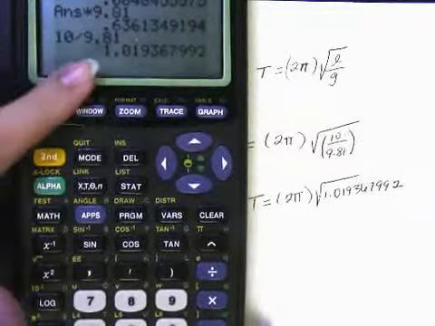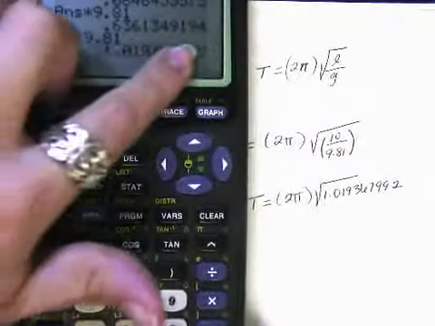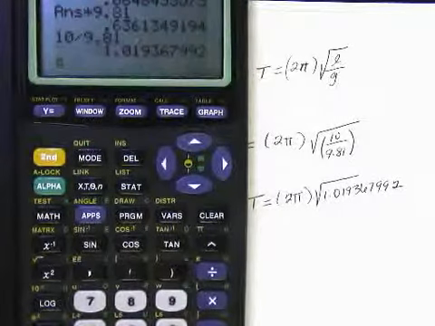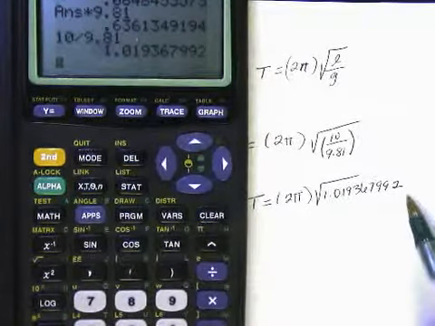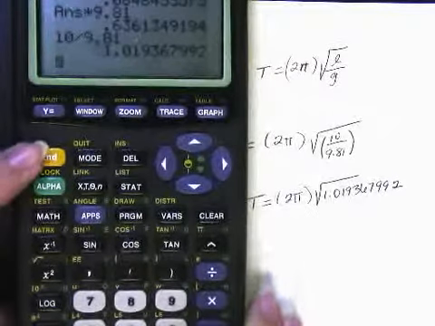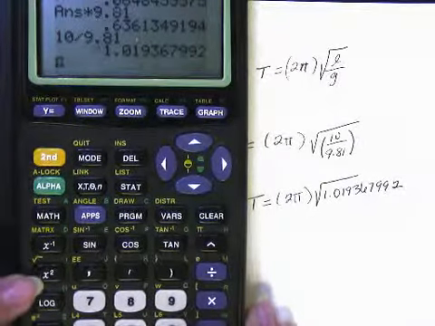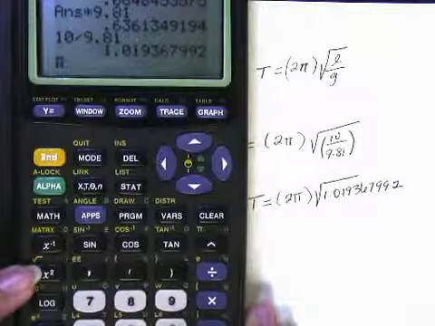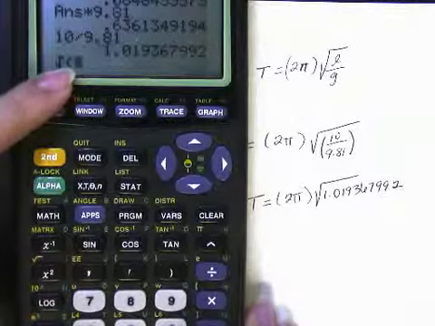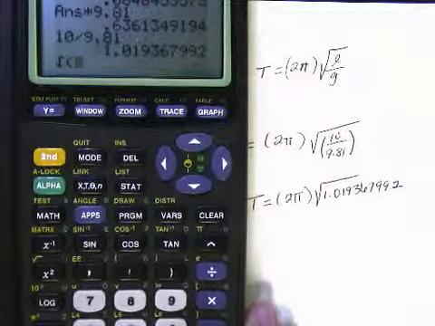We're going to keep this number in the calculator and tell the calculator to use all the decimal places, so that we don't have to type it in. Since I'm looking for the square root of that number, I'm going to hit second, which is the yellow button at the top, then the x squared. You'll notice it has a little yellow square root symbol, and the calculator puts in that square root.